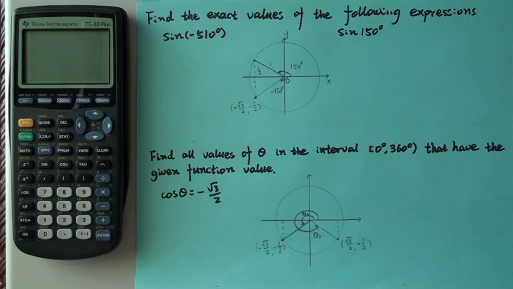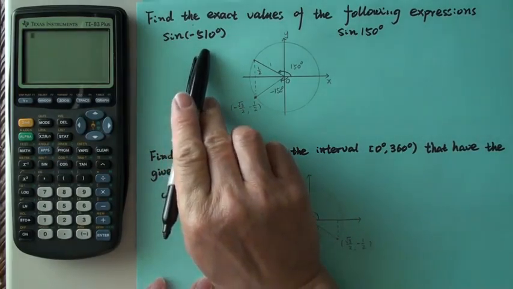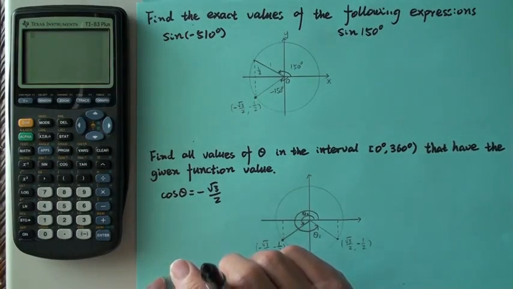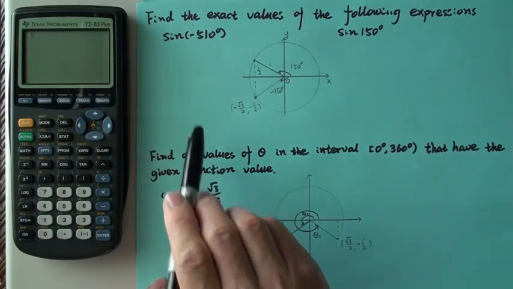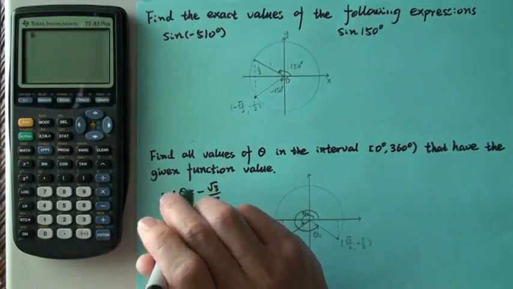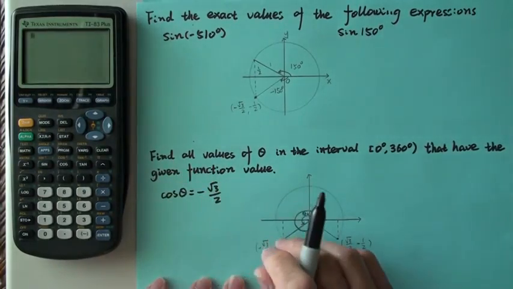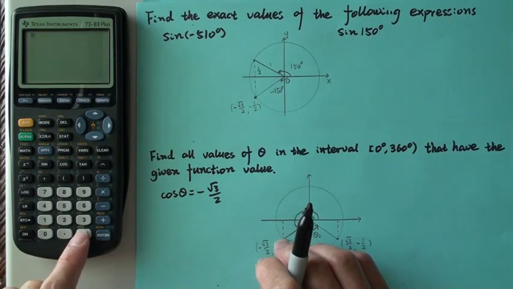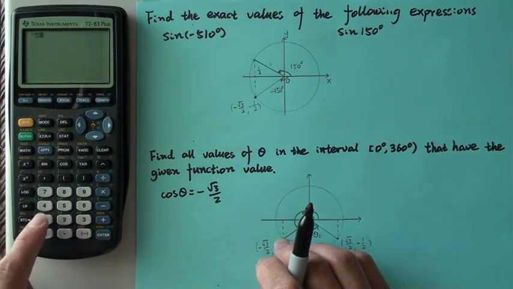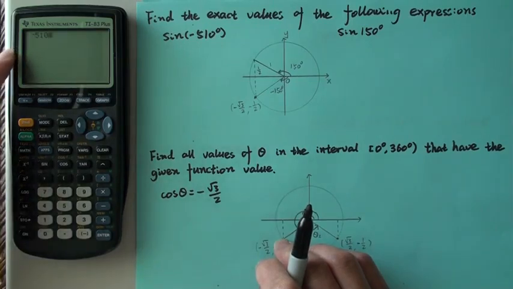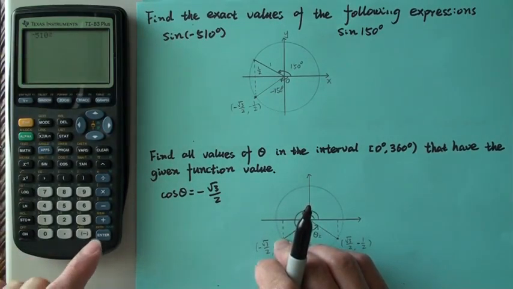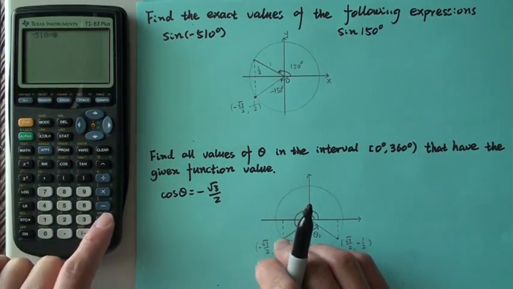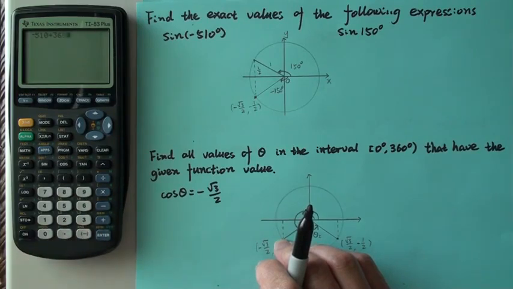How to do that? This angle looks very big, and we don't know where exactly it is. So what we like to do is, with the help of a calculator, you input negative 510 degrees here, and then you add 360.